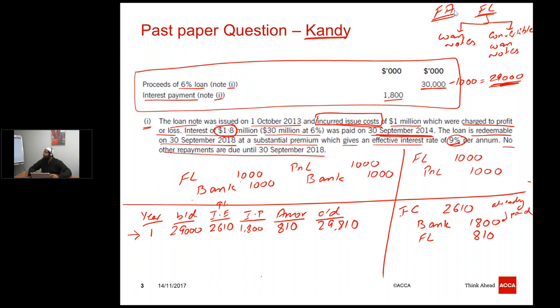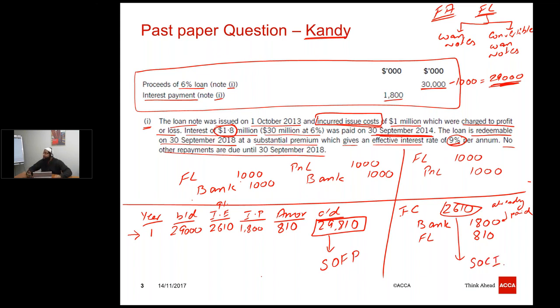Harsh is asking what is the requirement of this question? Harsh, basically this is a question relating to final accounts. In a final accounts question, you actually have to prepare the financial statements. So if you look at the answer, the financial liability in the statement of financial position should be 29,810, and the finance cost to be recorded in the statement of comprehensive income should be 2,610.